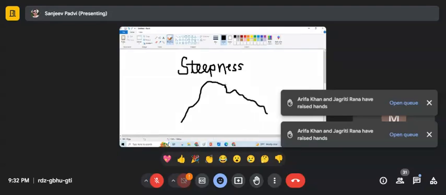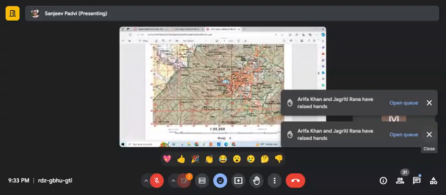Here the steepness has all of a sudden increased, and later on again it has become gentle. This steepness is shown with the brown color lines. If these brown lines are at a distance from each other, it is a gentle slope. If they are very close to each other, it shows greater steepness.